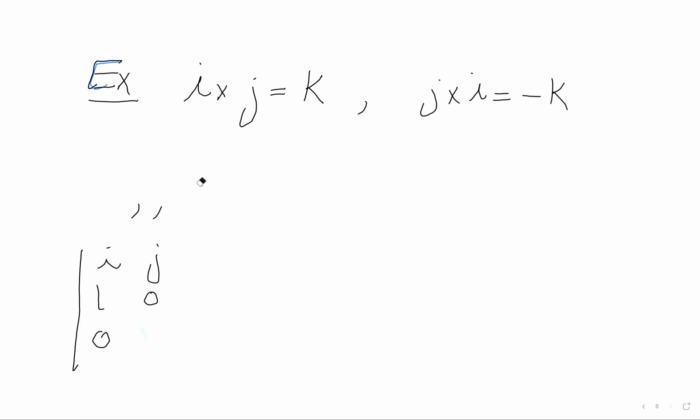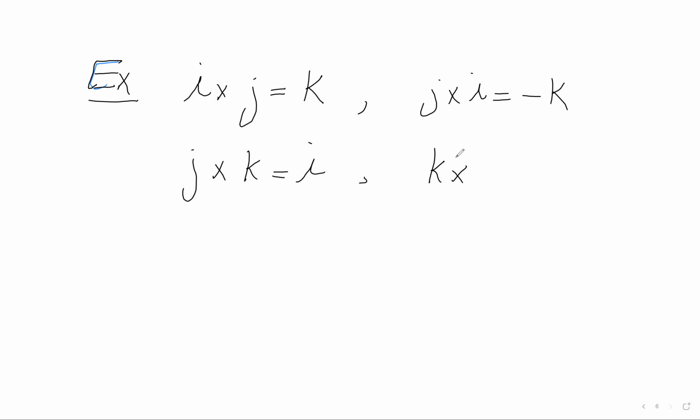You can also do the same thing for j and k. j cross k is going to be equal to i, but k cross j equals negative i.